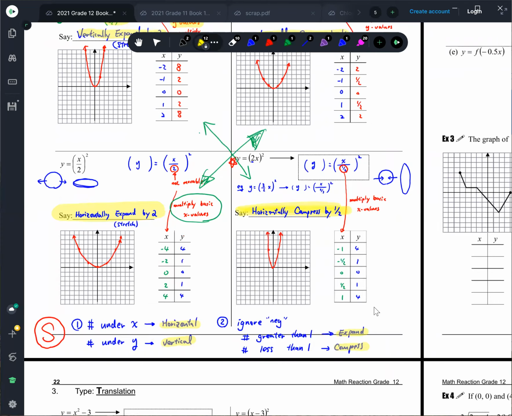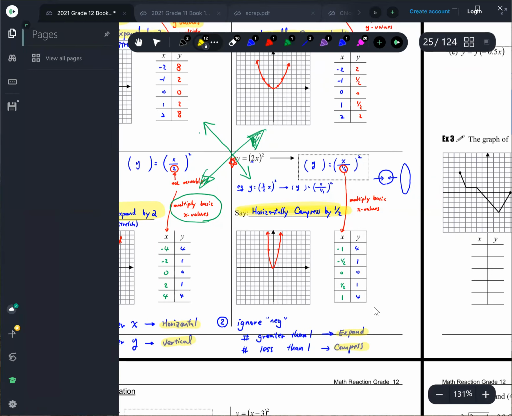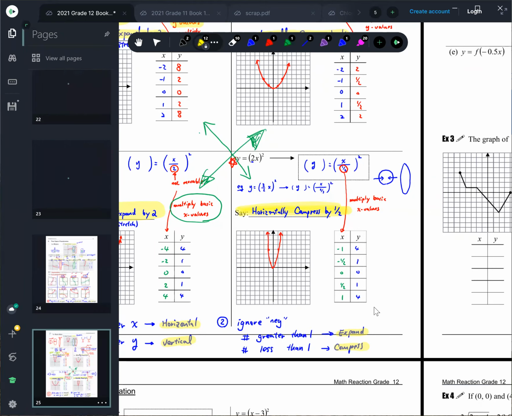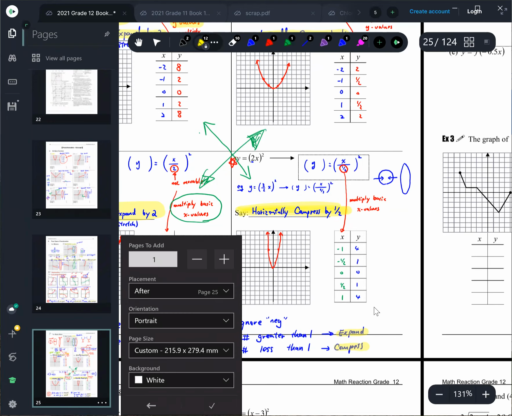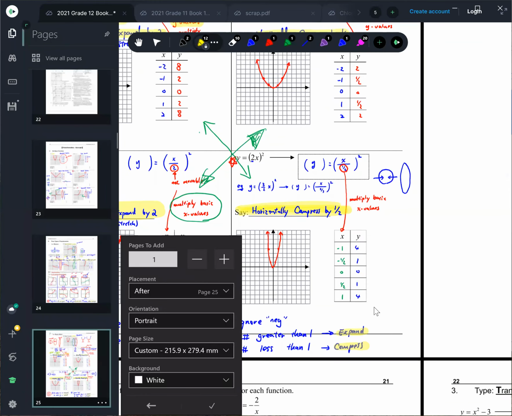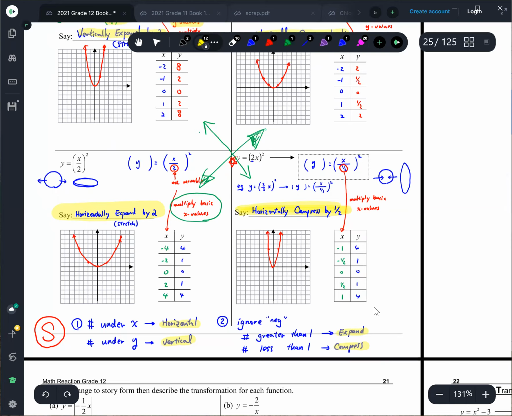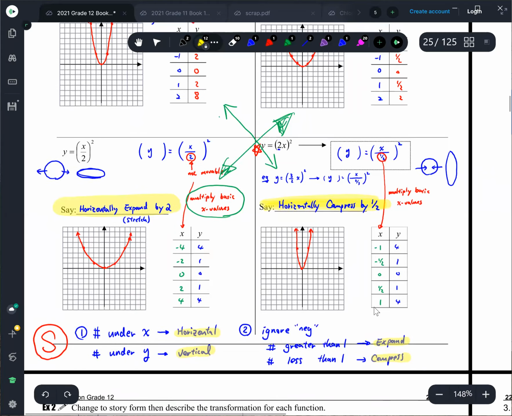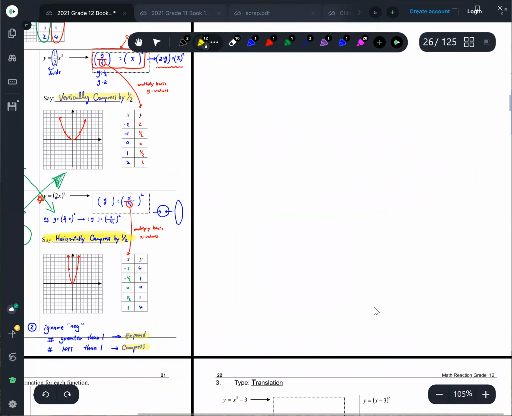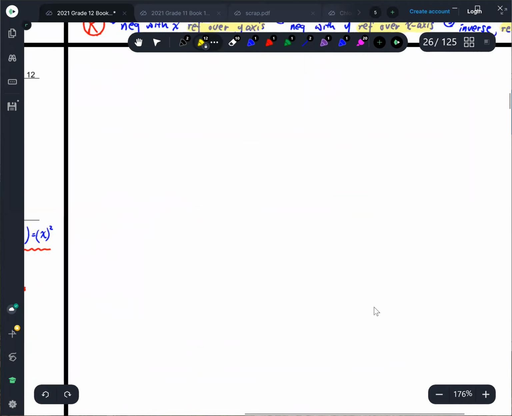Okay, I'll add a page on the side. Okay, so try to memorize these ones and then answer the question without looking at the rule.